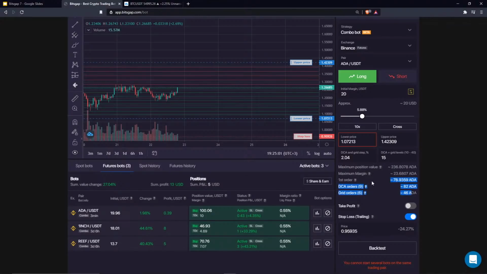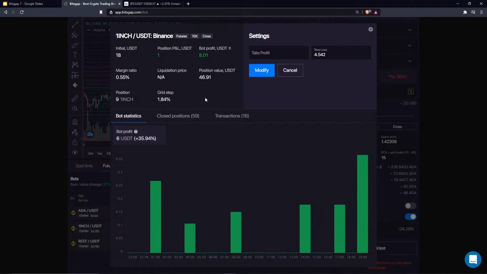So we covered this section so far, all configurations. We covered the metrics that you see here in your active strategies. If we switch here, you also can find more information like the total position value.